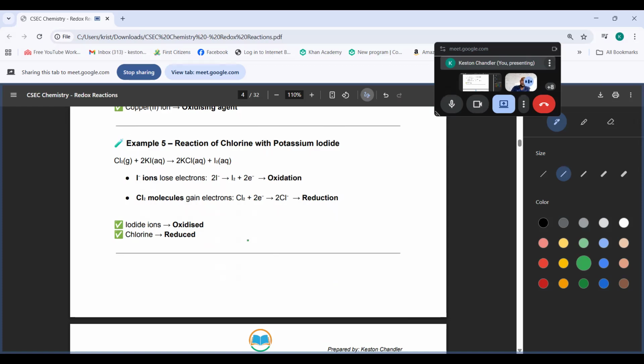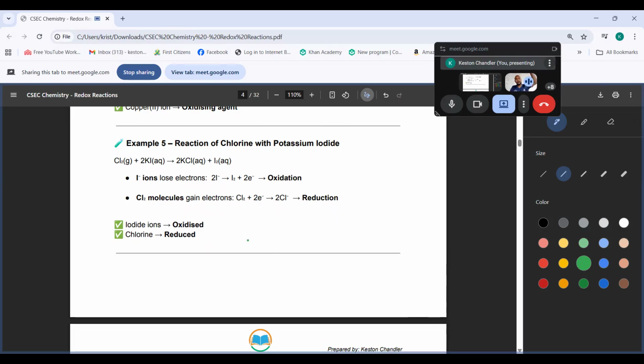Let's look at example 5. Reaction of chlorine with potassium iodide, sorry. Chlorine 2 and potassium iodide. The chlorine is going to displace the iodine. Again, this is a displacement reaction where the more reactive halide, if you remember from last week's session, would displace one that is least reactive.